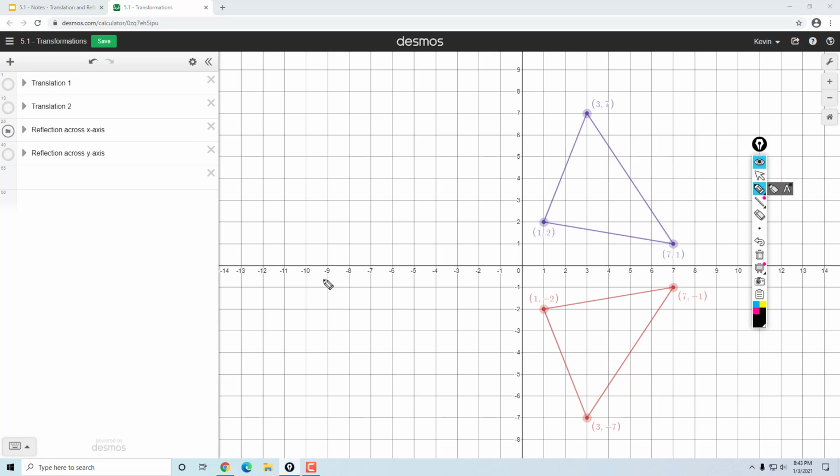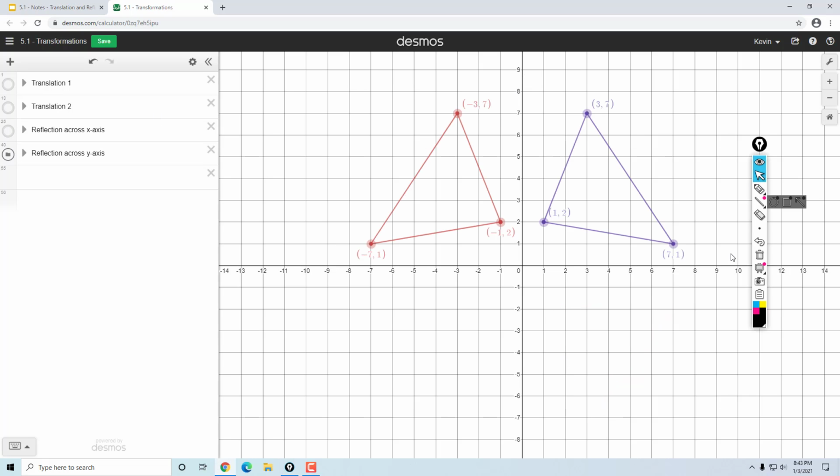The x-axis is right here. So we're reflecting over the x-axis. Reflection over the y-axis looks like this. And we see that this is a reflection across the y-axis.